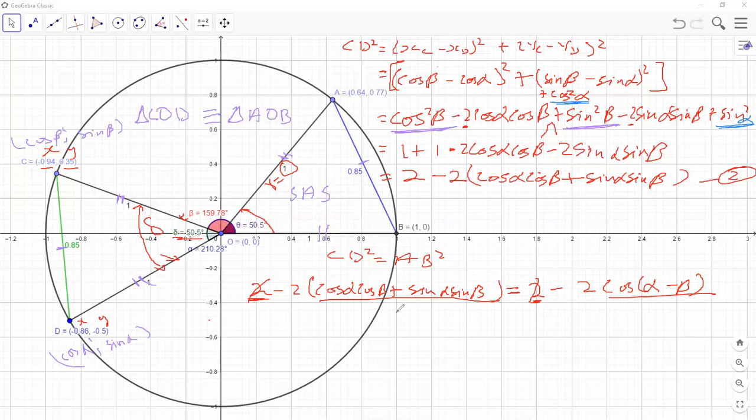If we divide by minus 2 on both sides, everything falls off. Therefore, cos alpha cos beta plus sine alpha sine beta is indeed equal to cos(alpha minus beta). End of proof. That's it.